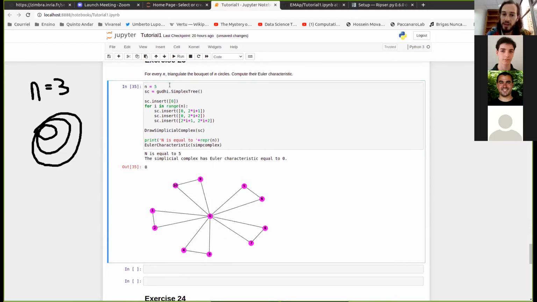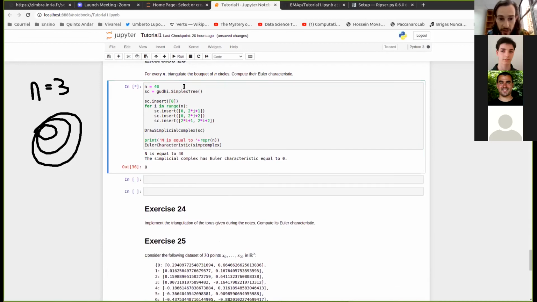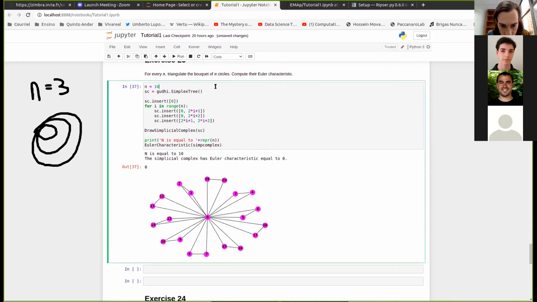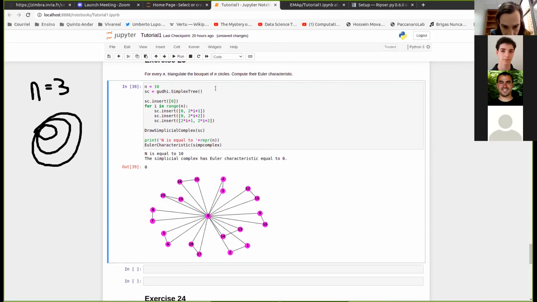So as you can see, for any value of n, the bouquet of n circles has Euler characteristic 0. Also, something interesting may happen if I take n too large, for instance 10.